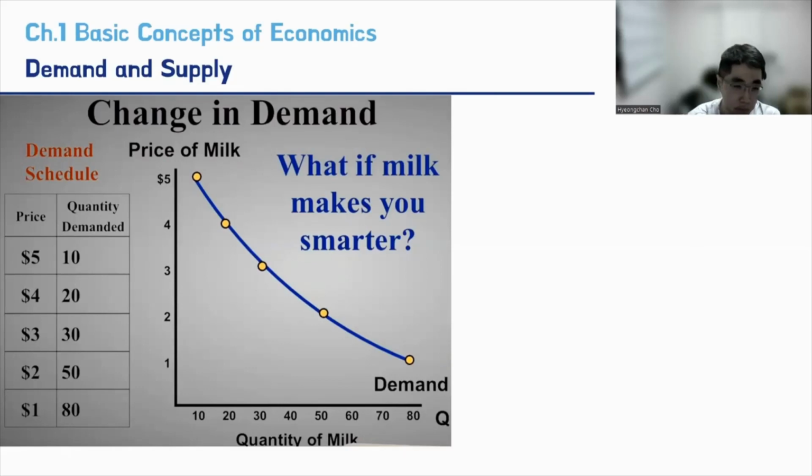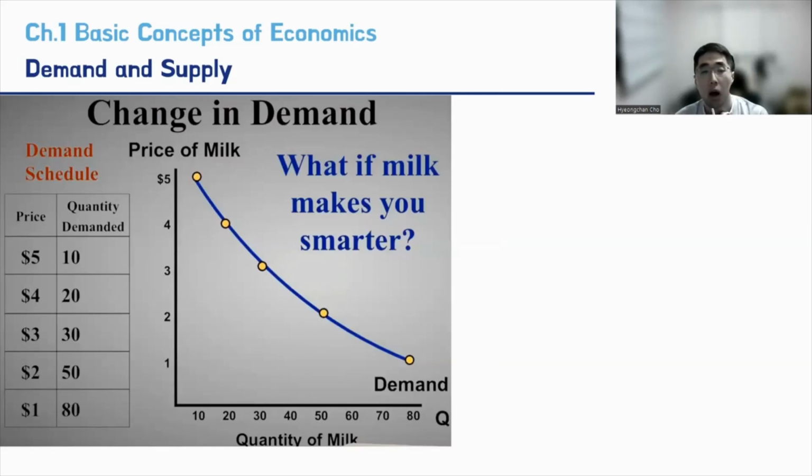If the price of milk is 5, the quantity demanded of milk is 10, and if the price of milk is 4, the quantity demanded is 20. So think of this chart as the milk demand chart.